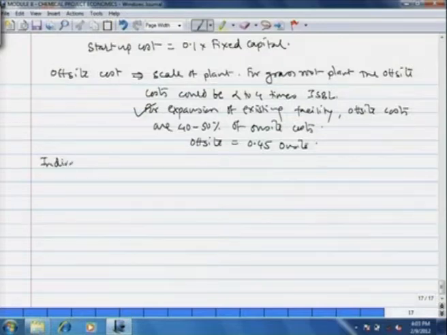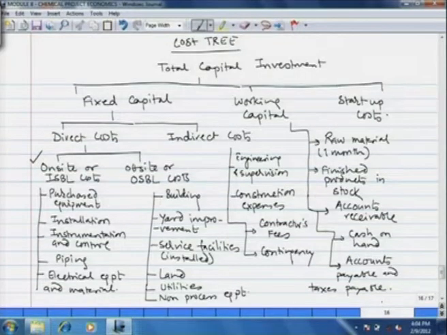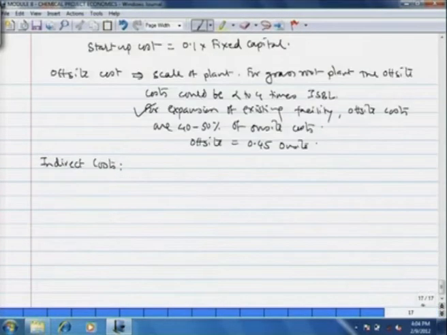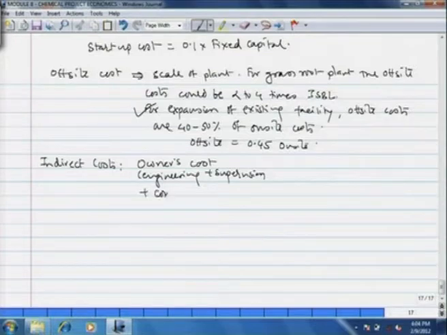Indirect cost has components as the owner's cost, that is the engineering, supervision and construction expenses, that we call as owner's cost, plus the contingency and contractor's fee.